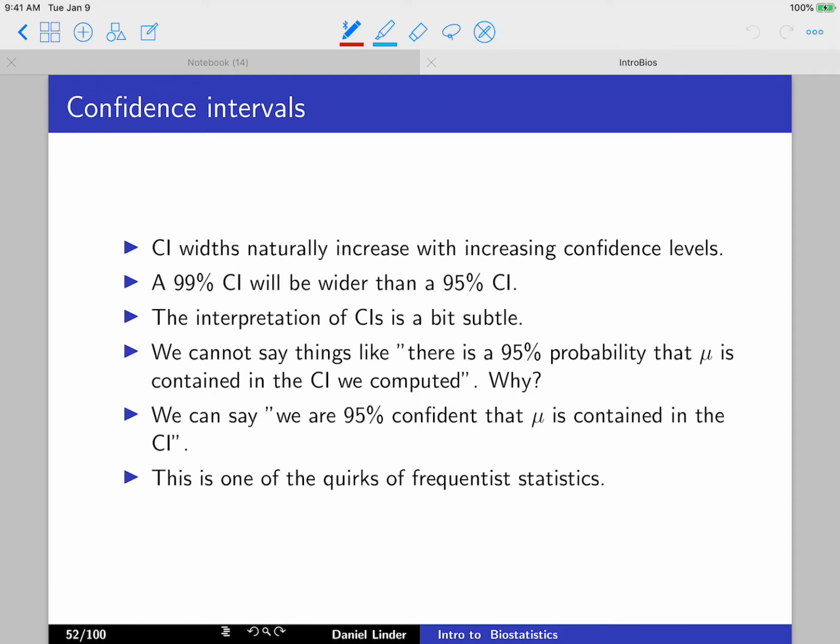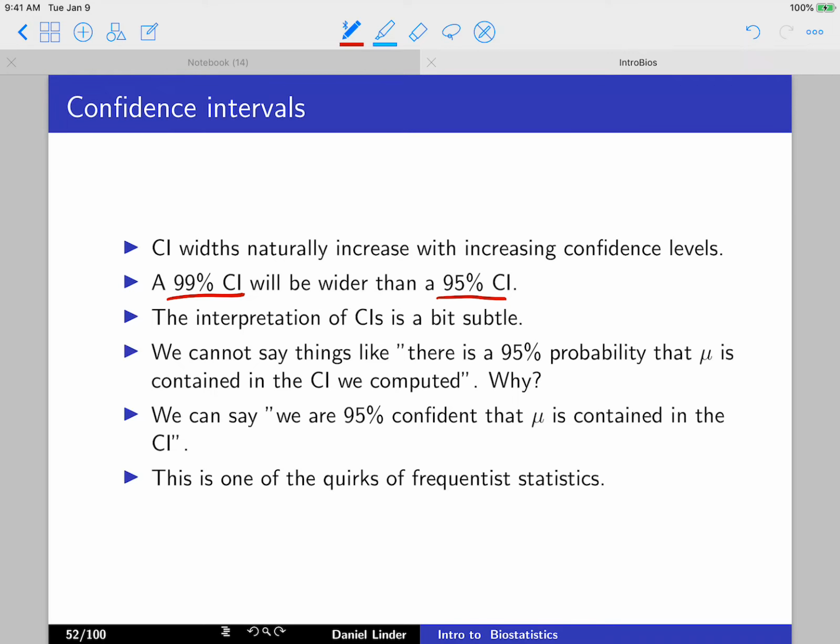For instance, a 99% confidence interval will necessarily be wider than a 95% confidence interval, because you have to have more confidence for a 99% confidence interval, so you must include more values to achieve that additional level of confidence.